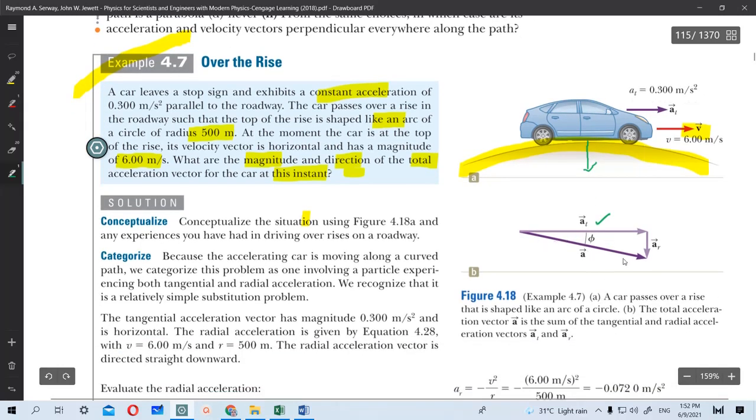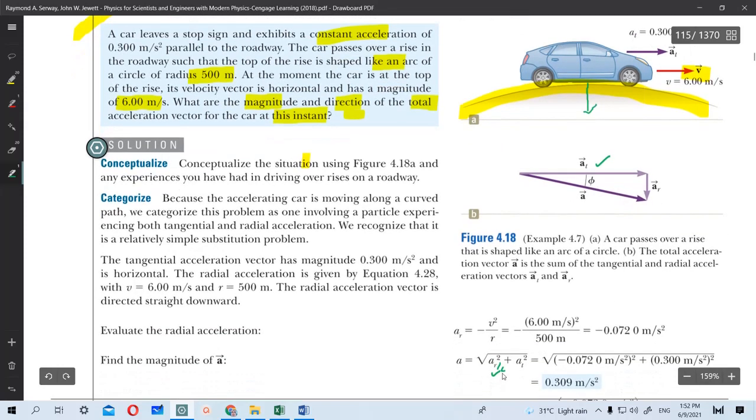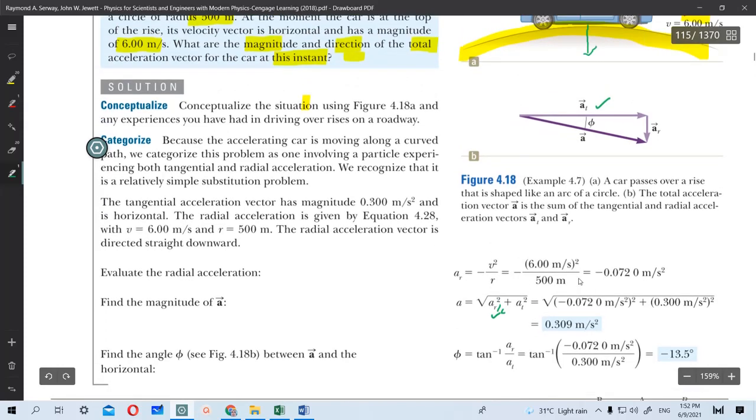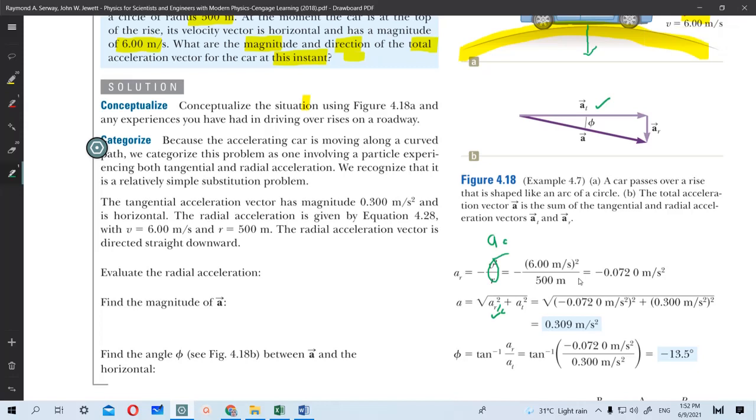Due to that, the total acceleration is equivalent to the hypotenuse, by trigonometry, of the shape. As you can see how we substitute, this is v squared over r, which is equivalent to centripetal acceleration, except that it has a negative. The moment you substitute, observe that you have to square the value, so the negative effect will disappear. Then just add the A tangent given earlier, and you are going to get this answer.